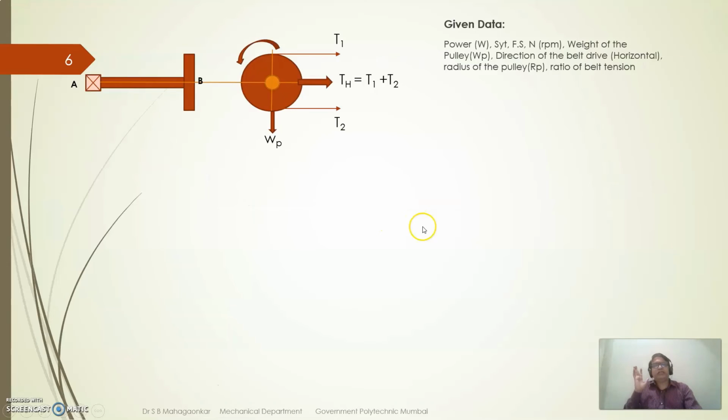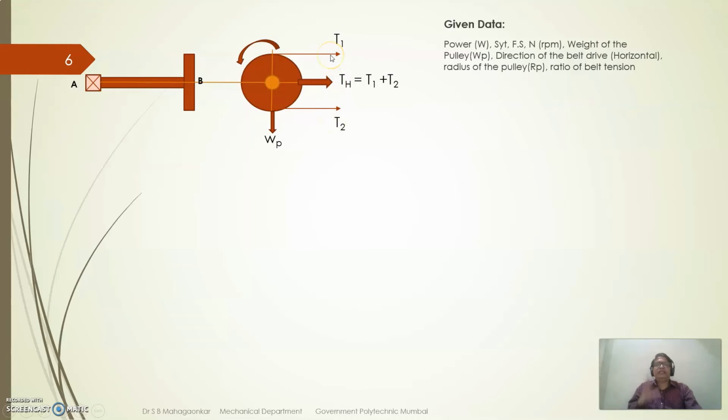Now, as I said, it is an overhang pulley. Overhang pulley means this pulley is overhanging from a bearing, right? This distance they will give, let us say 300 millimeter from a bearing, right? And let us say the pulley drive is horizontal.